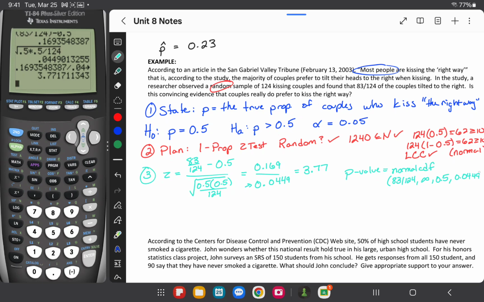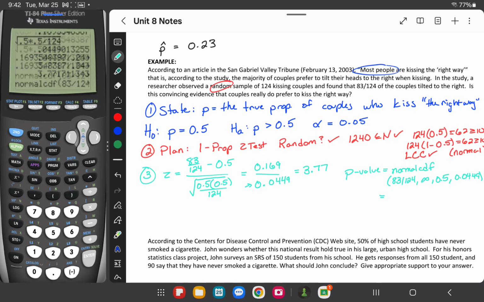Okay, so let's use normal CDF to find this p-value. We'll go into our distributions menu and choose normal CDF. For our lower, here is that 83 out of 124. For the upper, pick something very large. Mean, 0.5. Standard deviation, I've got it typed in here: the square root of, I simplified 0.5 times 0.5 to be 0.25, over 124.